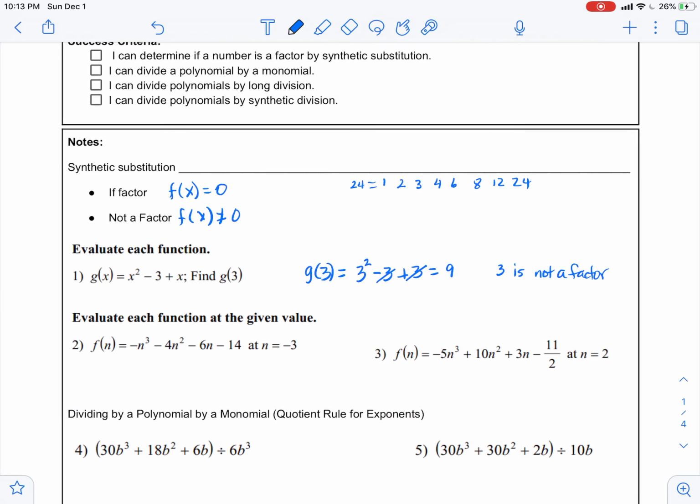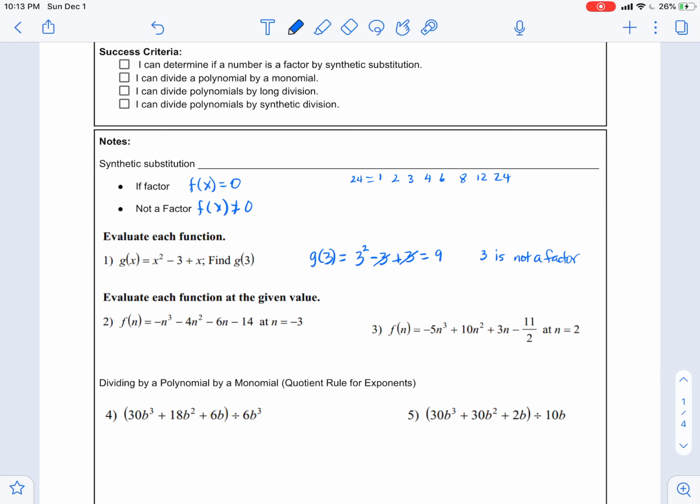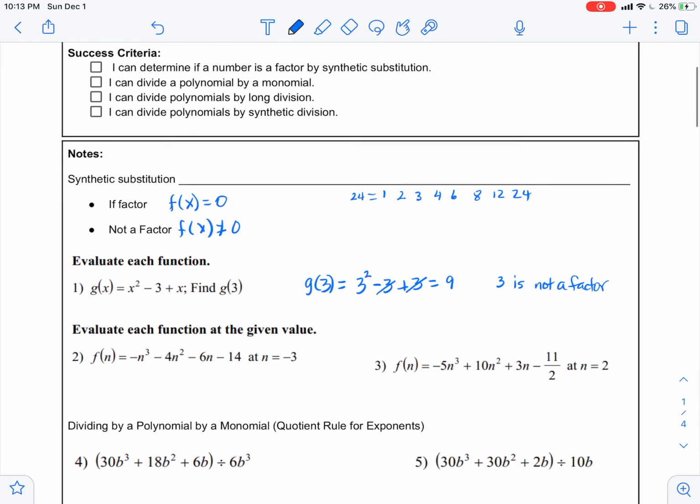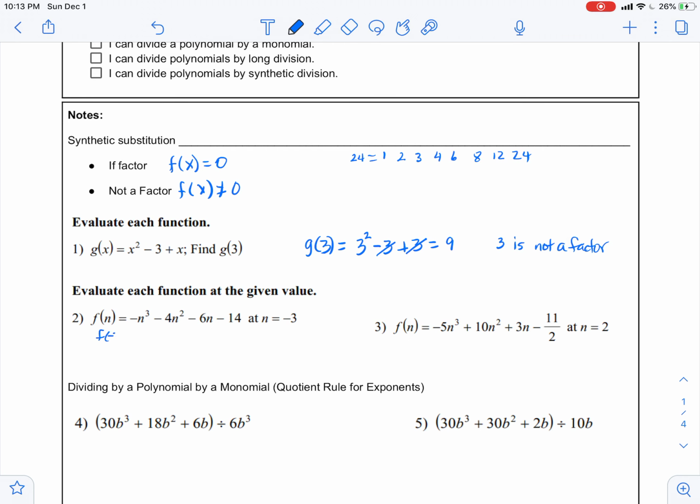We're just going to do a couple more. Another way you might see it is if it just says n equals negative 3. We've done that before also. We're going to do f of negative 3, and be careful with that negative. So it's negative of a negative 3 cubed minus 4 times a negative 3 squared minus 6 times a negative 3 minus 14.